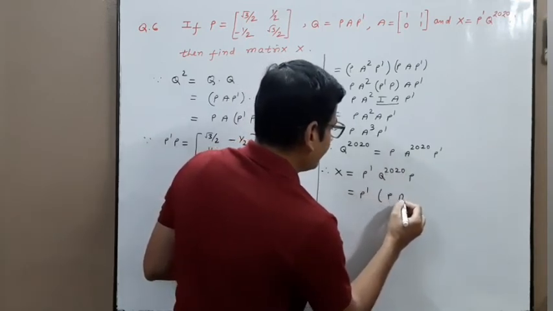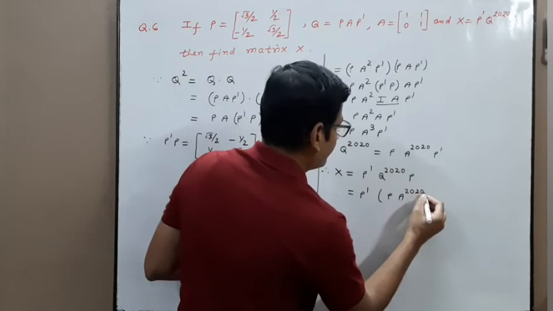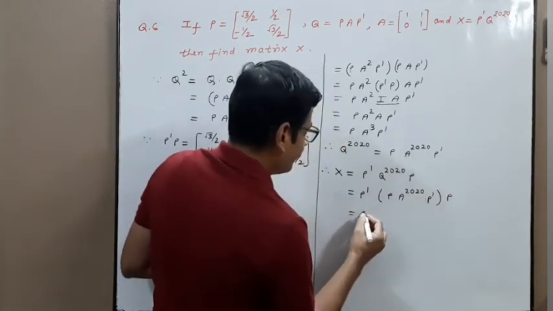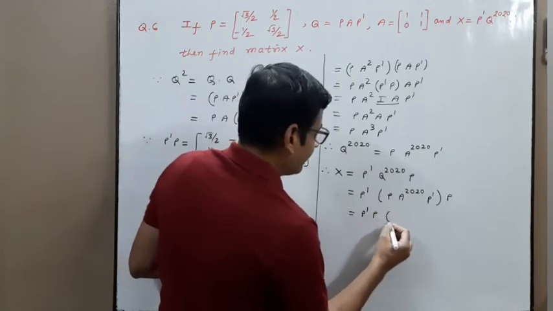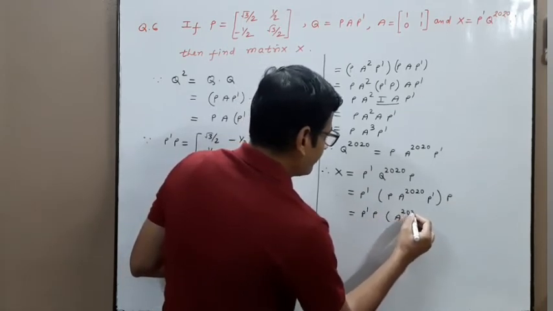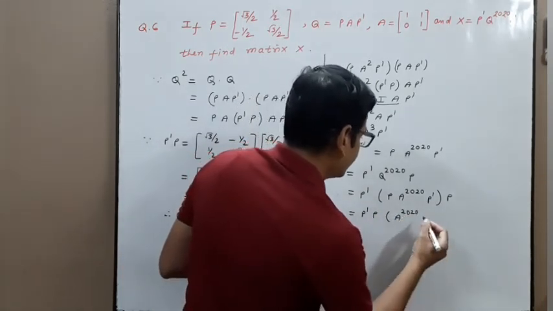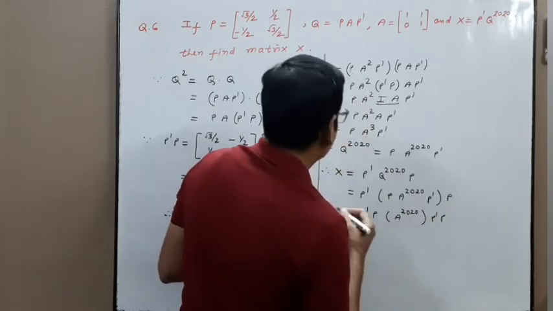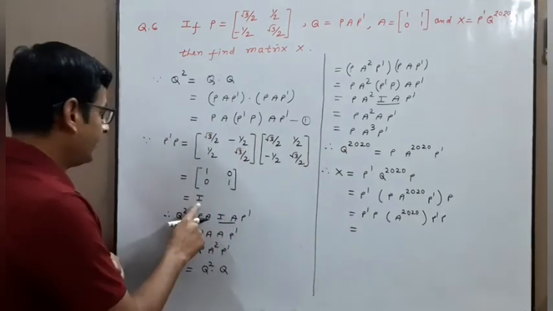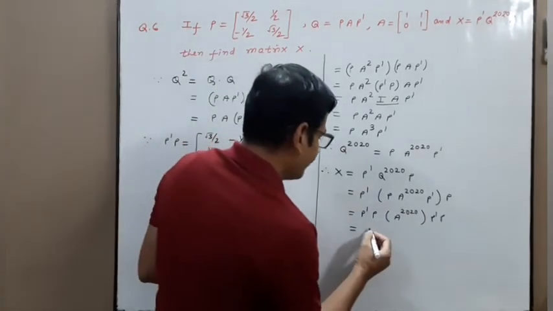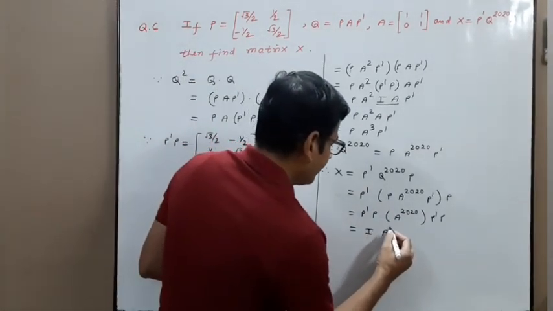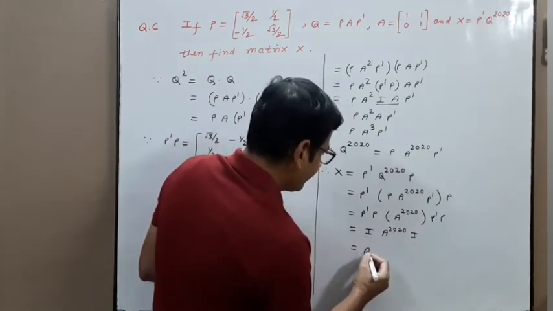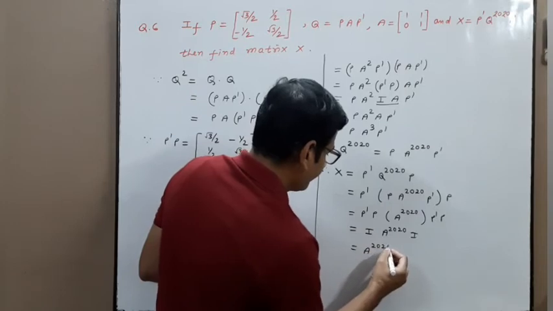So P A 2020 into P dash into P. Now separate P dash P A 2020 and P dash P. P dash P equal to identity matrix. So identity matrix into A 2020 into identity matrix means we get A 2020.